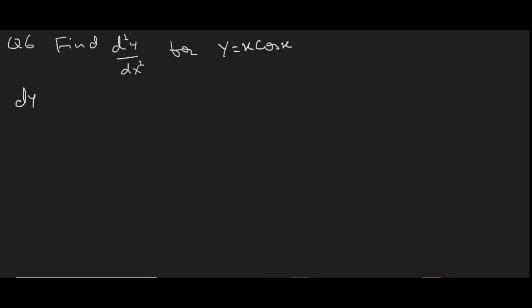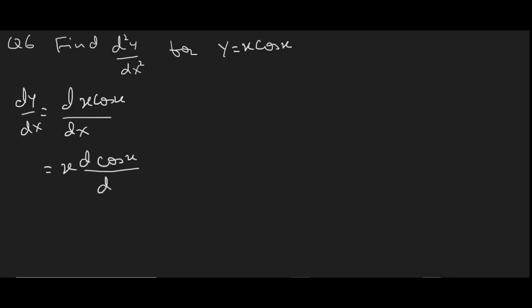So dy by dx is equal to d by dx of x cos x: x d cos x whole divided by dx plus cos x dx over dx.